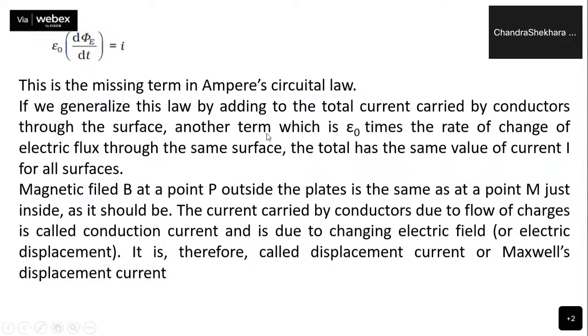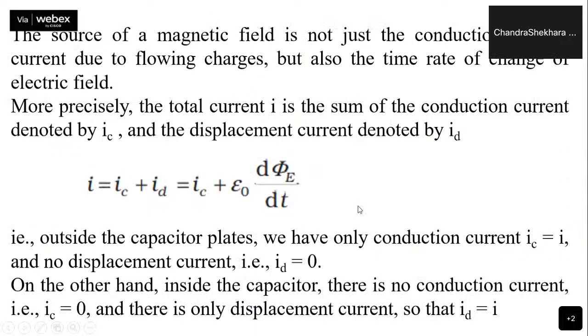Therefore, the fourth Maxwell equation is improved over Ampere's by adding a term called displacement current. That is a very important point to be understood. Therefore, the source of magnetic field is the conduction electric current due to flowing charges, but also the time rate of change of electric flux. So the source of magnetic field is not only the steady current, but changing current also contributes to the magnetic field.